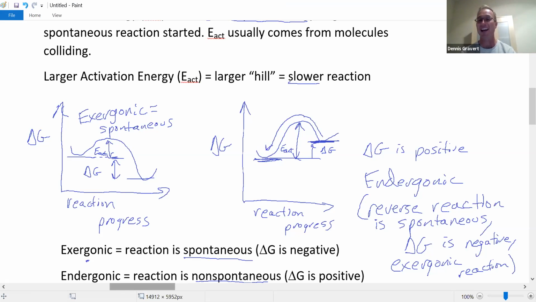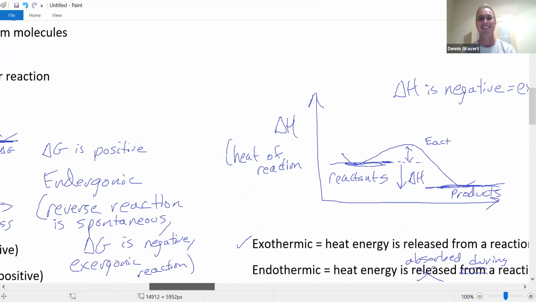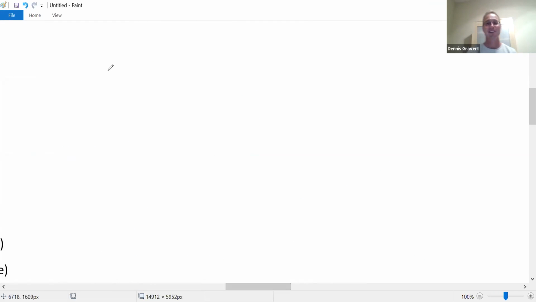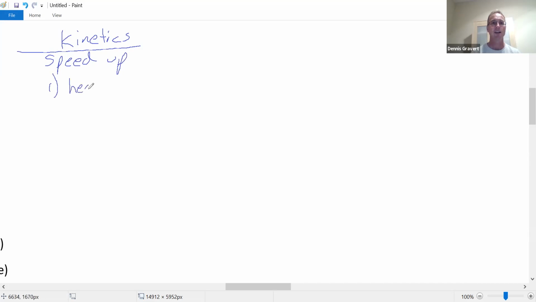So we got rate of reaction. It's proportional to the size of the hill. But let's tie in the three things about speeding up reactions. So how do we speed up a reaction? One, we heat it up, increase the temperature.